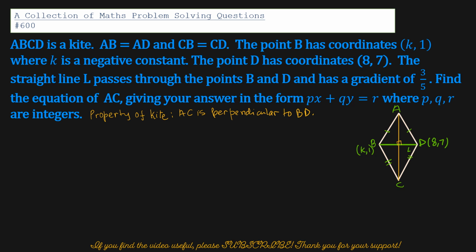We use the properties of a kite, so AC is perpendicular to BD, and also AC bisects BD.